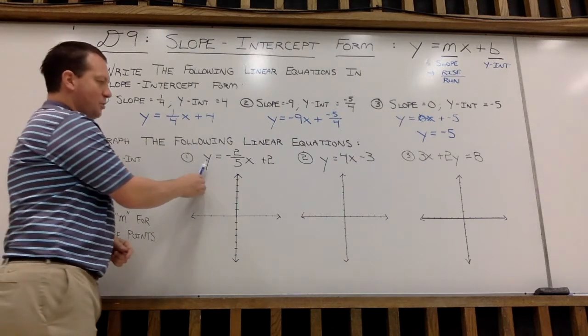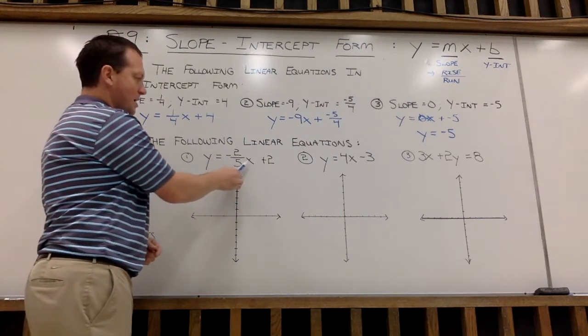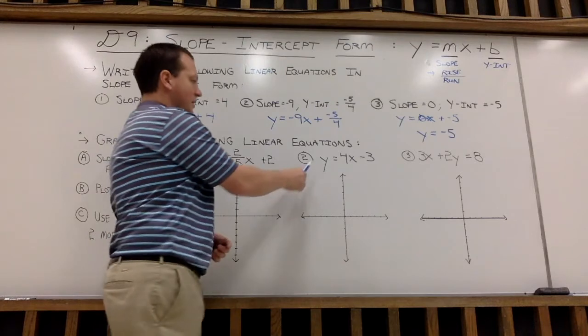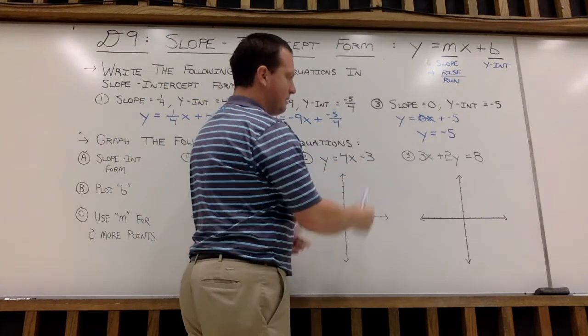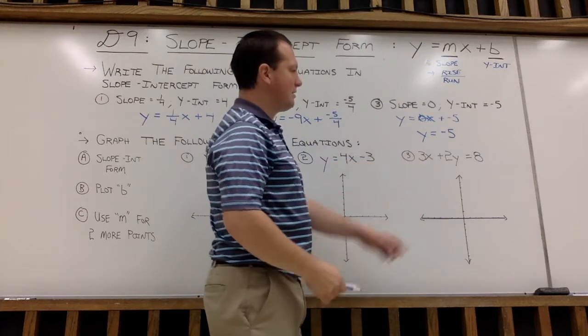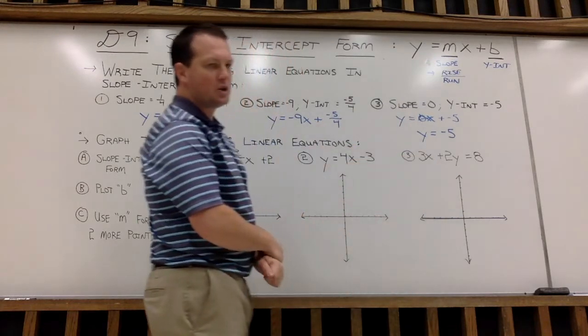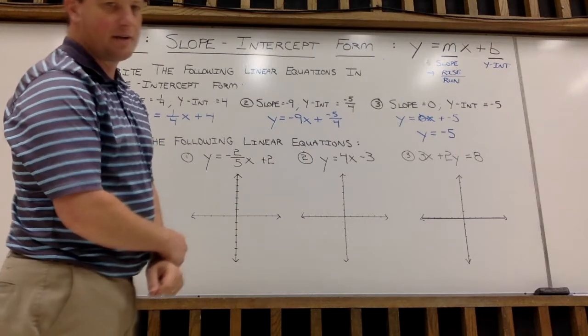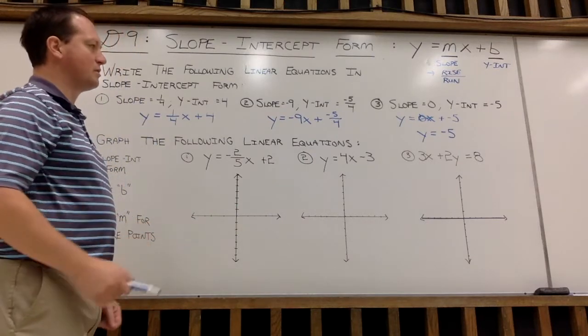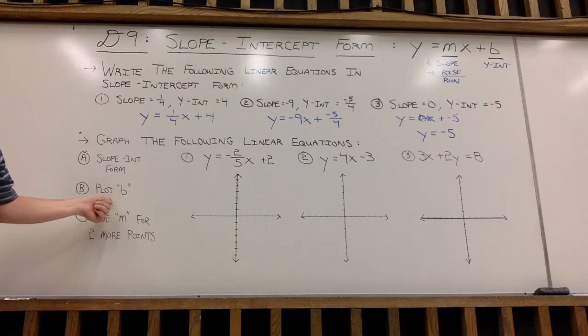Looking at example 1, we have y equals mx plus b, good. Example 2, y equals 4x minus 3, great. Example 3, when we get there, notice we do not have this equation in y equals format, so we're going to have to do a little surgery before we are able to plot b, the y-intercept, and then the slope, rise over run, for 2 more points.